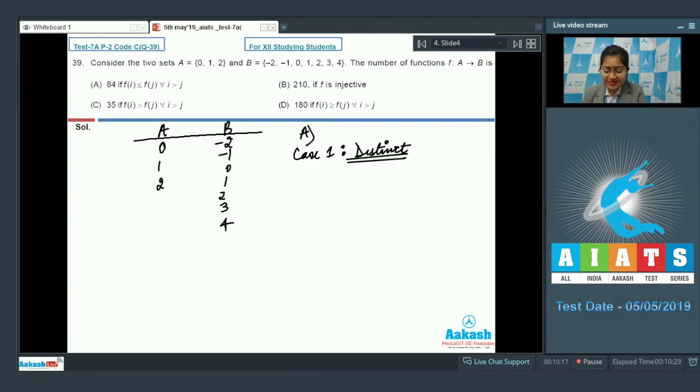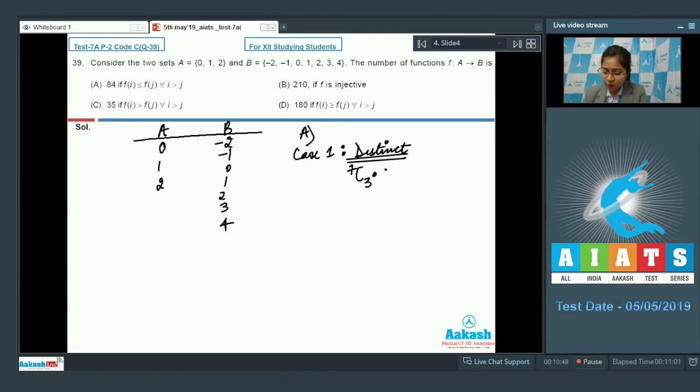Now, from these 7 images, let us select any 3. In 7C3 ways, I have selected any 3 from set B. Now, as all 3 are distinct, there is only one way in which we can make the ordered pair. So there is only one way in which we can link them.